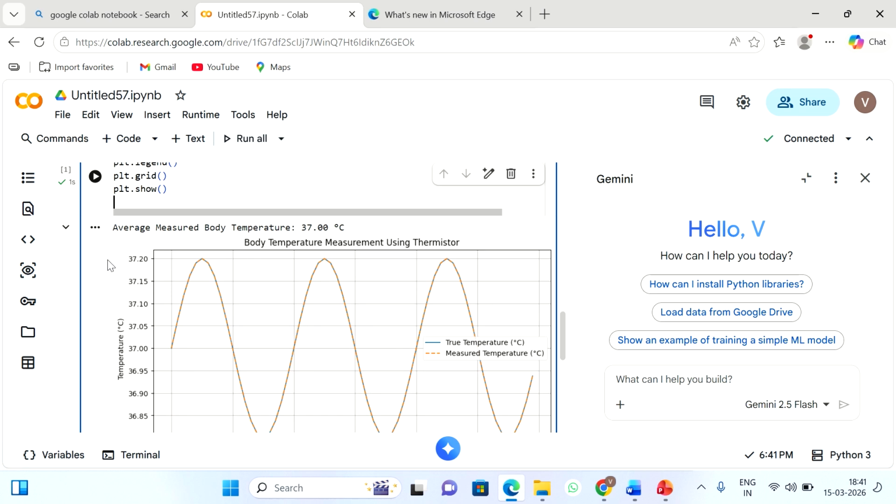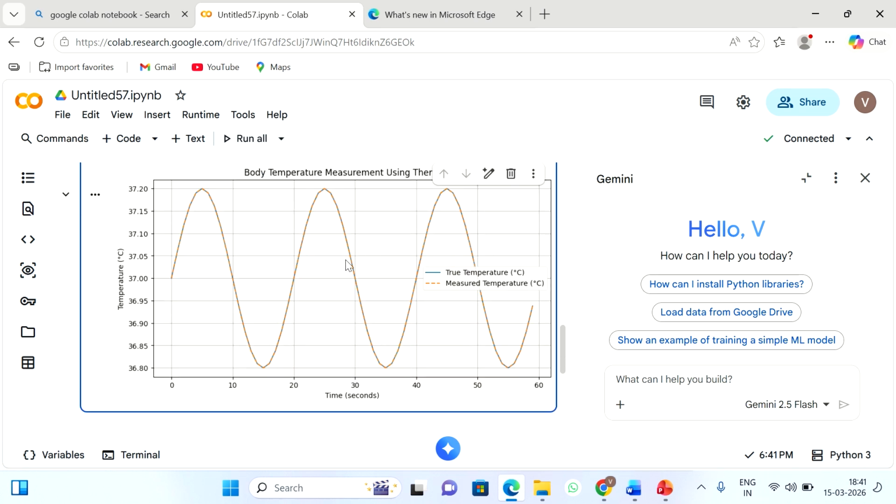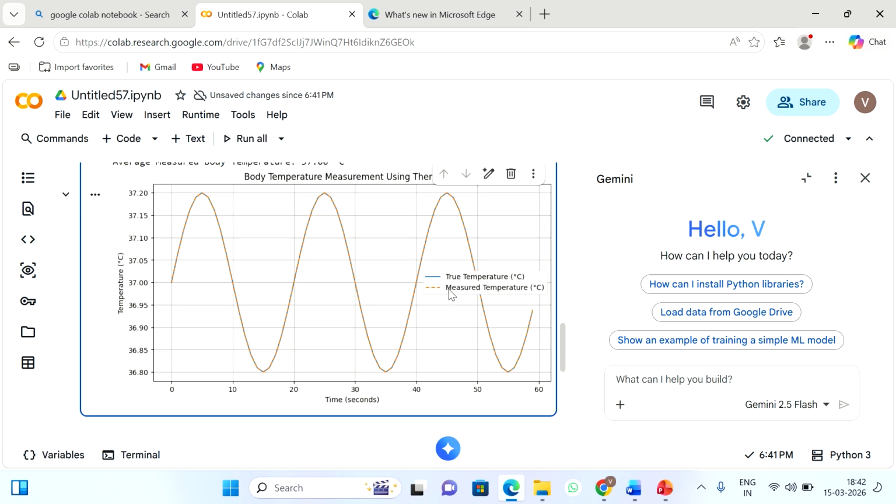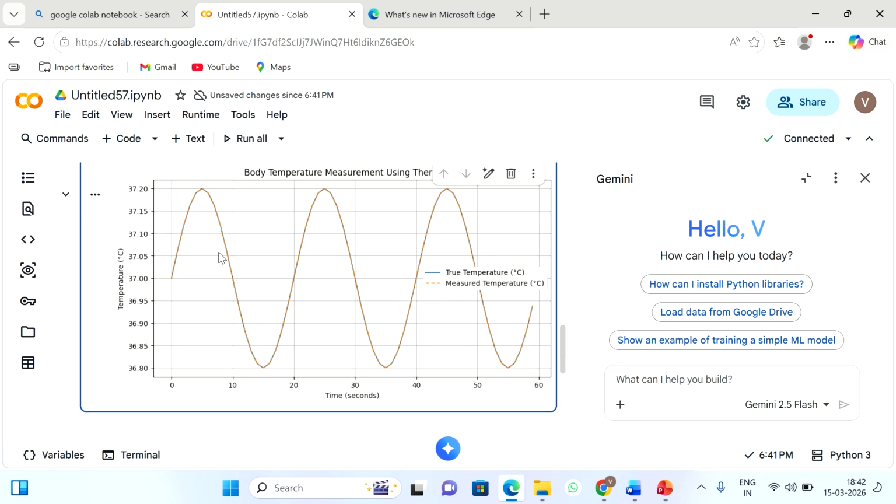See, the output average measured body temperature is 37 degrees Celsius, and we got the waveform of time in seconds versus temperature in degrees Celsius, and this graph is known as body temperature measurement using a thermistor. The two waveforms, the dotted waveform and the solid waveform, are both in coincidence.